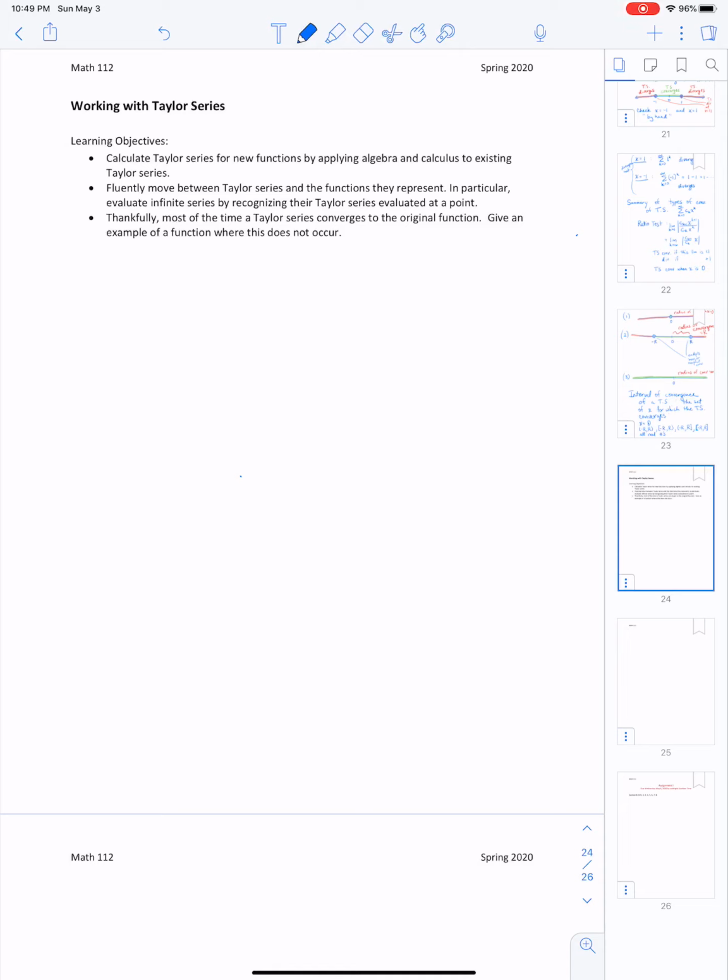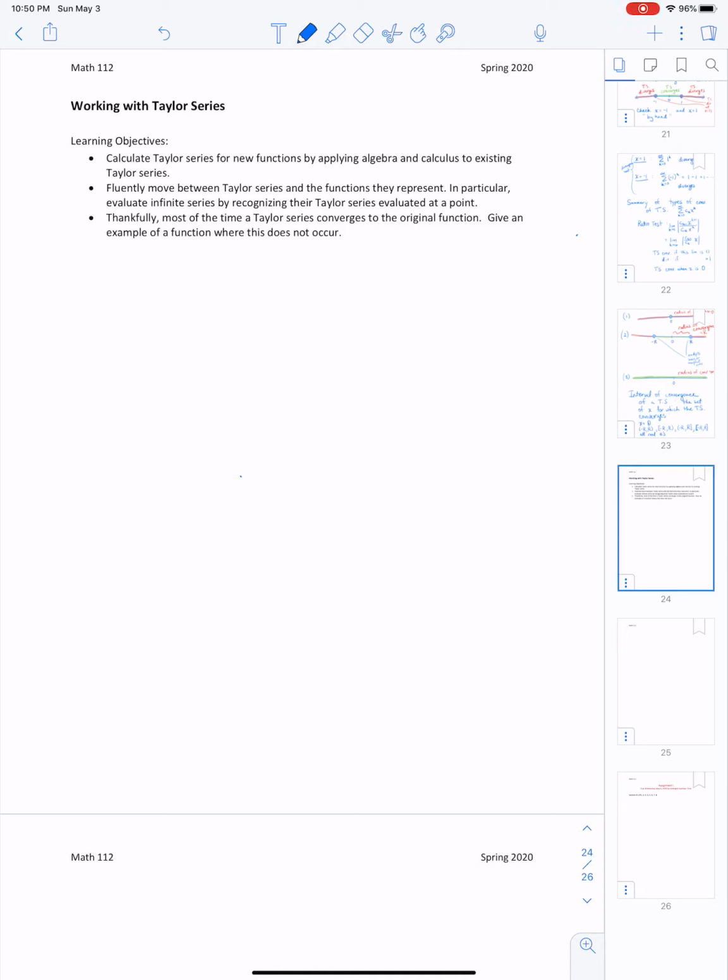Okay, so the next block of material is, now that we understand what a Taylor series is and how to compute it by differentiation by hand, and how to understand where it converges, there are a number of shortcuts, ways of working with Taylor series that are really useful. So I want to go through several different examples for you, and then we'll talk about using Taylor series to make approximations.